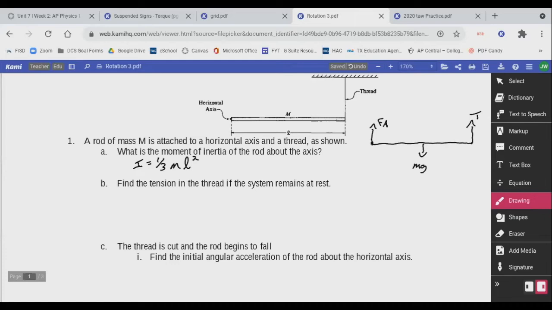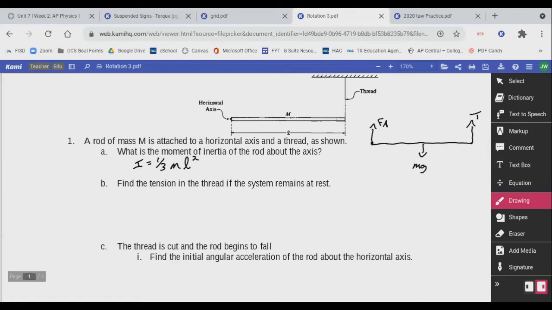Remember last class where we said force 1, force 2 from the table legs? It being attached on the left side is like that table leg. There's a force being pushed up from that pivot point. That's why gravity isn't making it fall. And then on the right side, tension is pulling it up. And then we've got the force of gravity from the center because that's where the center of mass is.